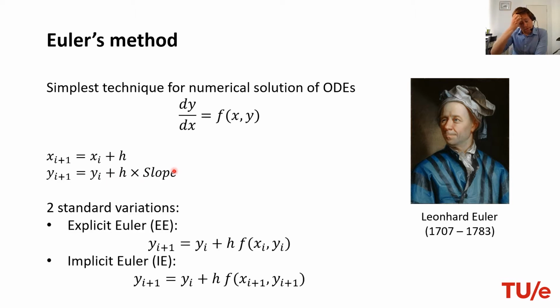Now, Euler's method comes in two standard variations or two flavors, as you will. And the first one is explicit Euler. And you see that in explicit Euler, this slope is simply substituted as the function, so the right-hand side of this ordinary differential equation, evaluated at xi and yi, the current numerical approximation for the exact solution at step i.